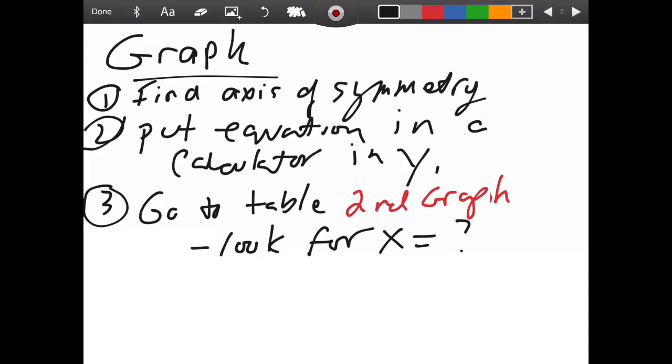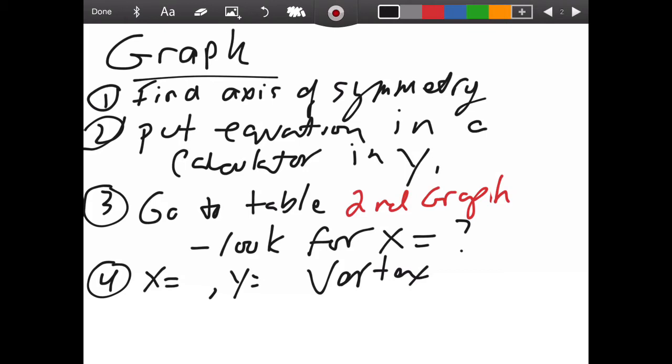The reason is that once you find that x equals, there's a y equals, and that is your vertex in the table. I'll show you, it's super easy. Then you're going to complete a table.